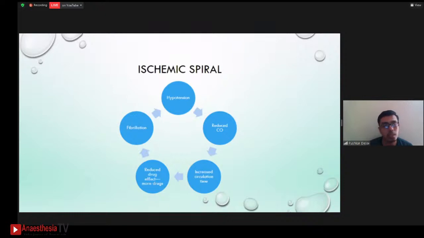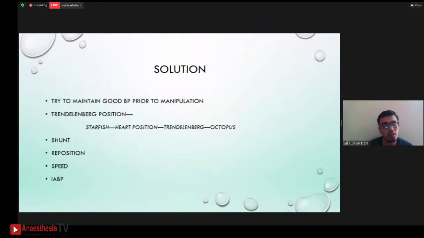So basically this ischemic spiral we should avoid, and for that the important thing is to maintain a good BP prior to manipulation of the heart, which can be achieved using table maneuvers and the judicious use of vasopressors.